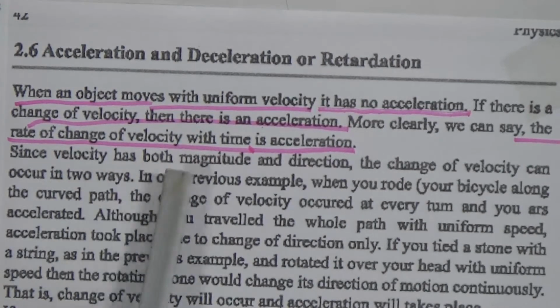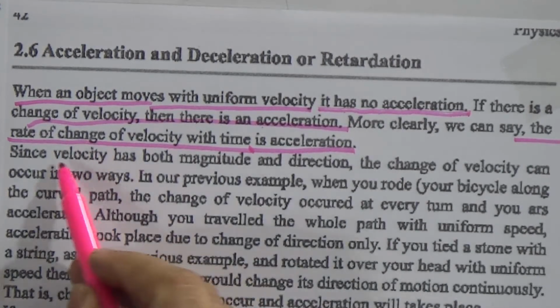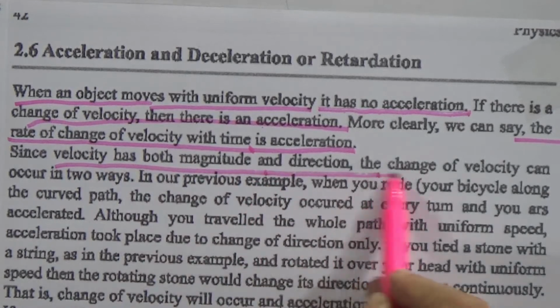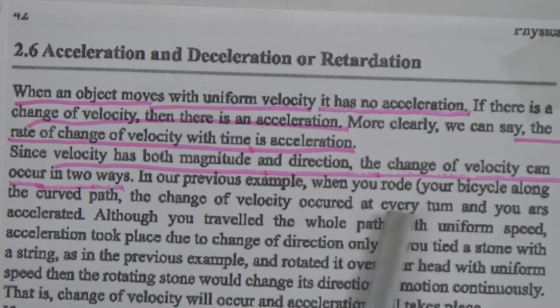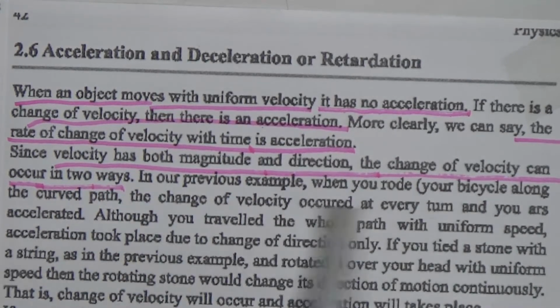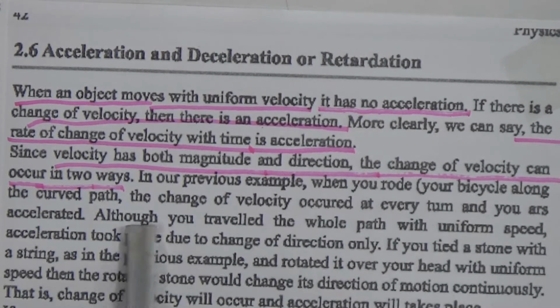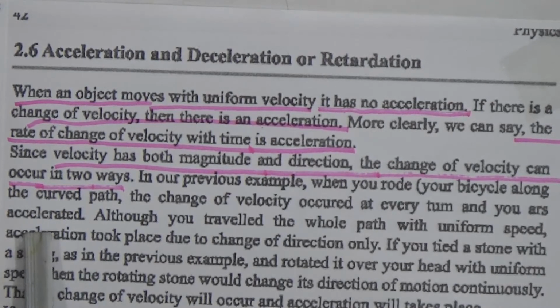What is acceleration? The rate of change of velocity with time is called acceleration. Since velocity has both magnitude and direction, the change of velocity can occur in two ways. In our previous example, when you rode a bicycle on a curved path, a change of velocity occurred at every turn and you were accelerated.